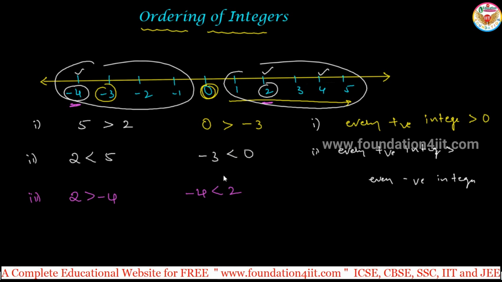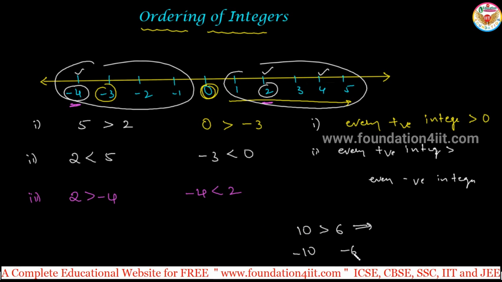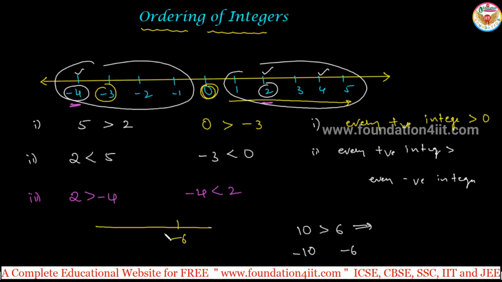In the same way, by changing the sign: if 10 is greater than 6, consider -10 and -6. 10 is on the right side and 6 is on the left side, that's why 10 is greater than 6. But on the number line, -10 is further left, up to -6, -7, -8, -9, so -10 is on the left side and -6 is on the right side.